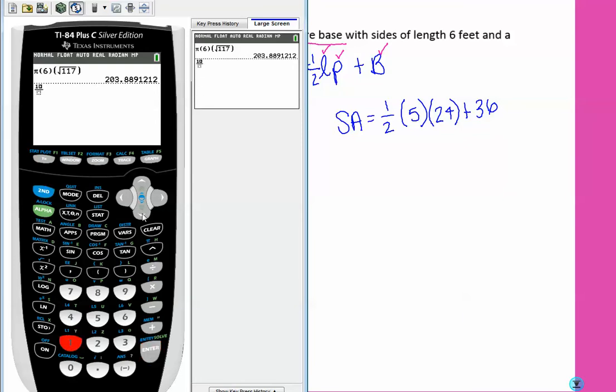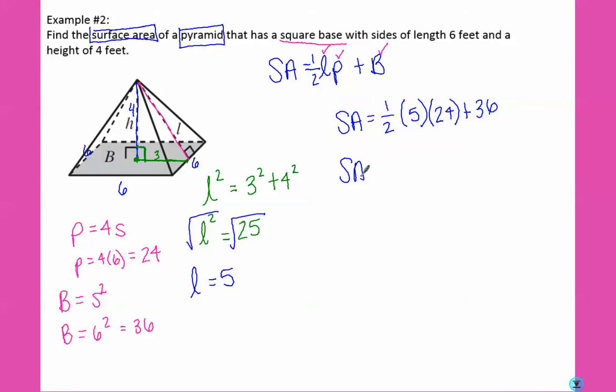We get 1/2 times 5 times 24 plus 36. So it's 96. Everything was measured in feet. And since it's area, the units are squared.